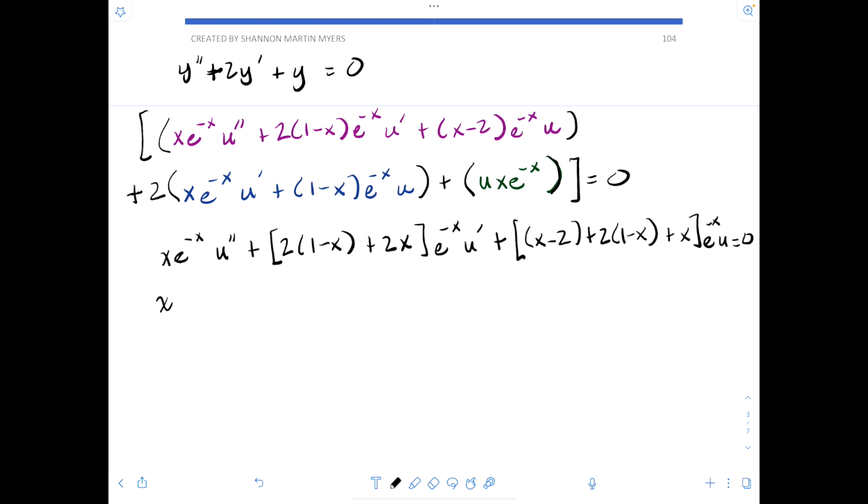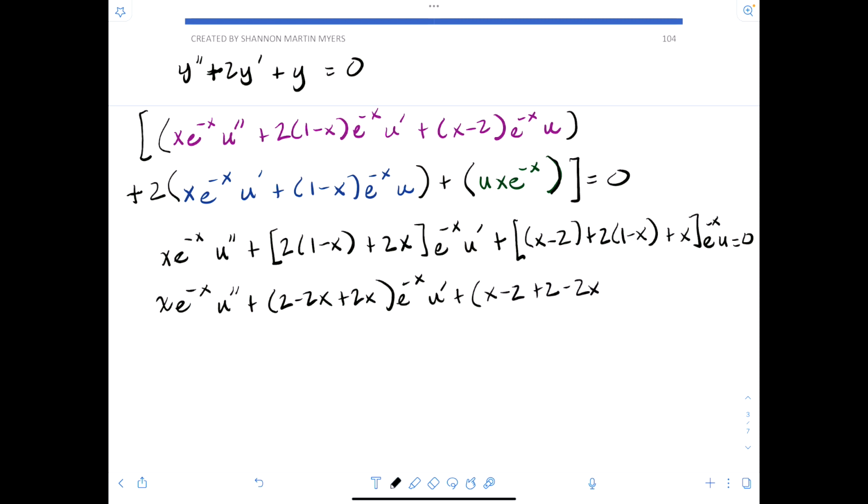All right, so we'll have xe to the negative x u double prime plus 2 minus 2x plus 2x times e to the negative x u prime plus x minus 2 plus 2 minus 2x plus x, e to the negative x times u, equals 0.